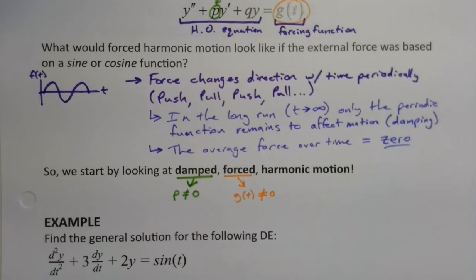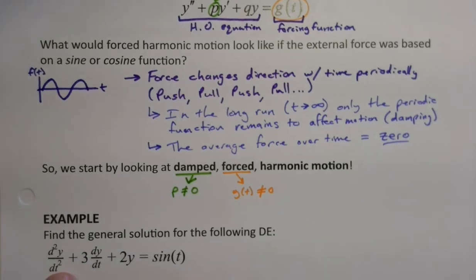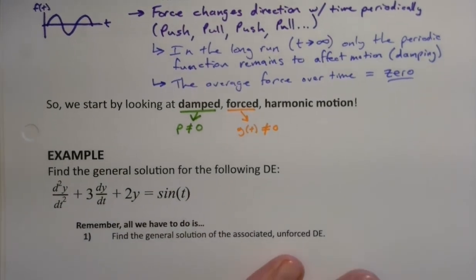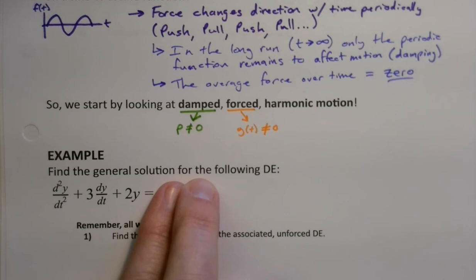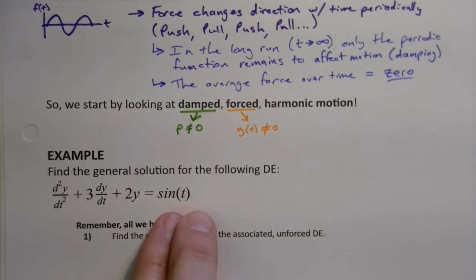And remember, we have really three main steps in order to find the solution to this. At this example right here, on the left-hand side, if you cover up the forcing function, you've got a homogeneous differential equation if that's equal to 0. It's not equal to 0, so the whole thing itself is non-homogeneous. And so what we need to do is find the general solution of this unforced DE.